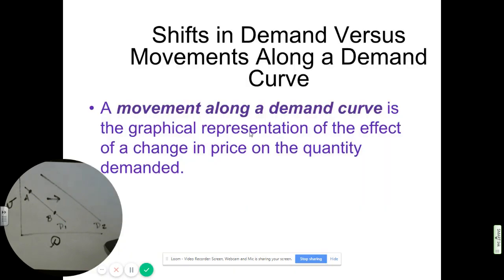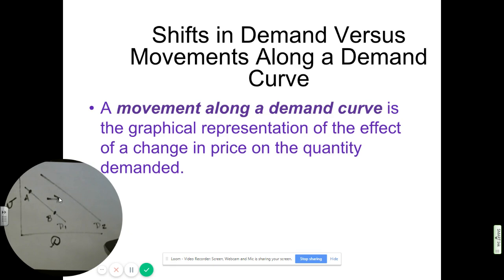Okay, so shifting demand means that the entire curve is going to move, not from just one point to another. We're moving the entire curve. So we're moving from demand curve 1 to demand curve 2. So something has happened here, and what you'll see is that something other than the price of the good has changed.